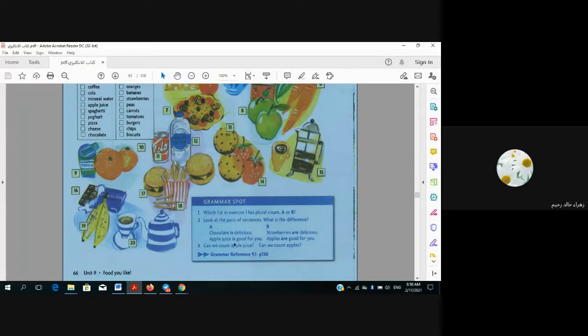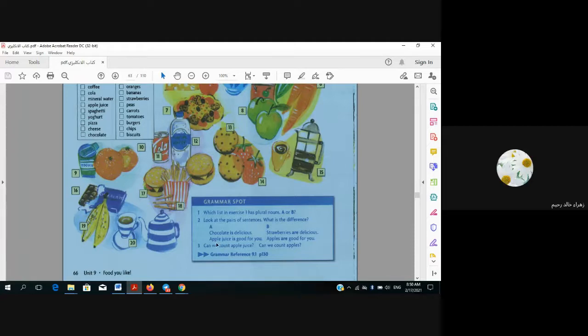And apple juice is good for you. Apples are good for you. الأبل مفرد والأبلز جمع.